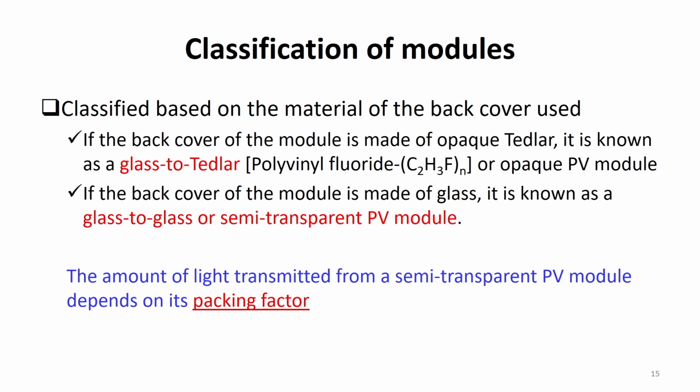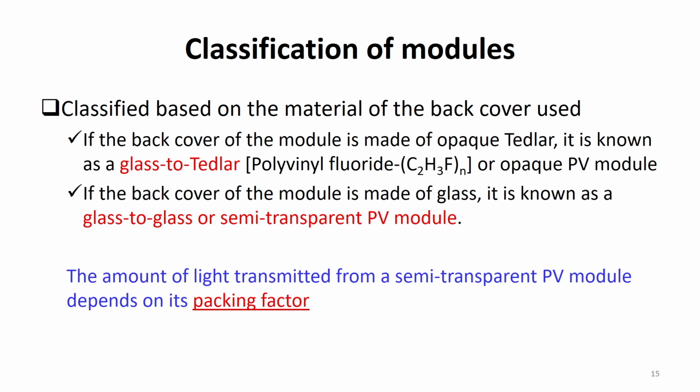So, now let us classify the modules. Primarily, it is classified into two groups. One is glass to Tedlar and the other one is glass to glass or semi transparent PV modules. If the back cover of the module is made of opaque Tedlar, then we call it glass to Tedlar, and if the back cover of the module is made of glass, it is known as glass to glass or semi transparent PV module.